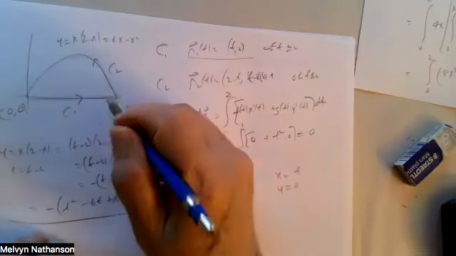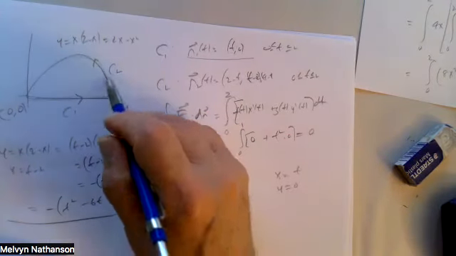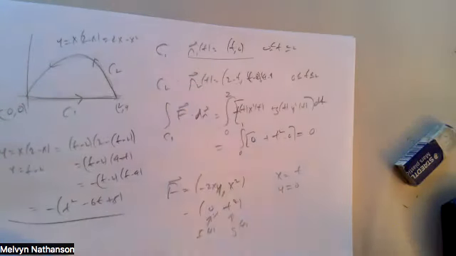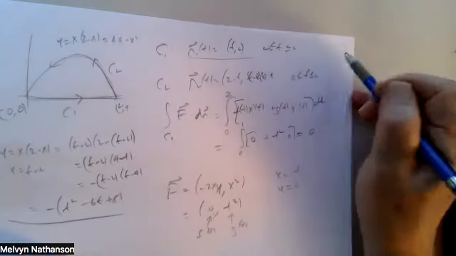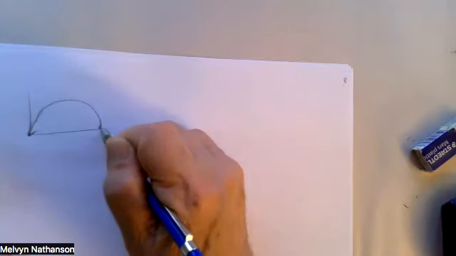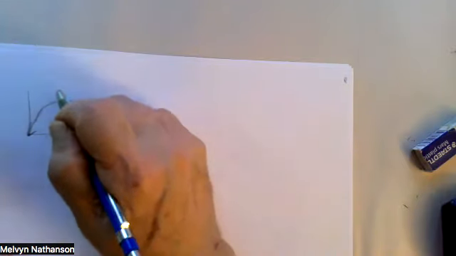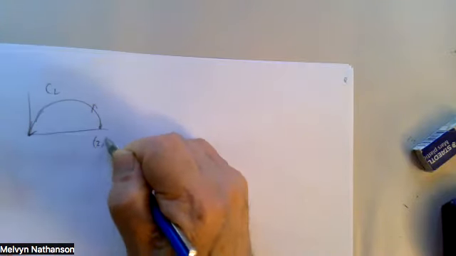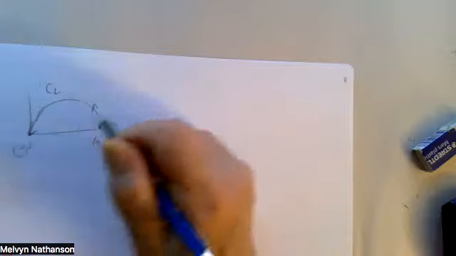To calculate the integral around the top part of this curve, let's do that. So we're going along this curve C2 from 2, 0 to 0, 0.